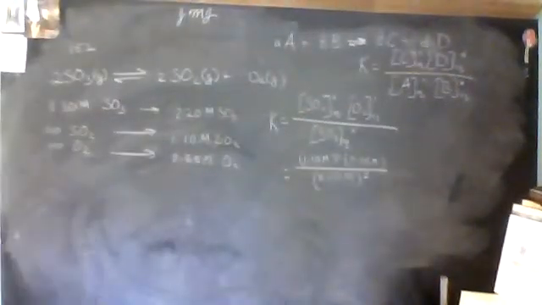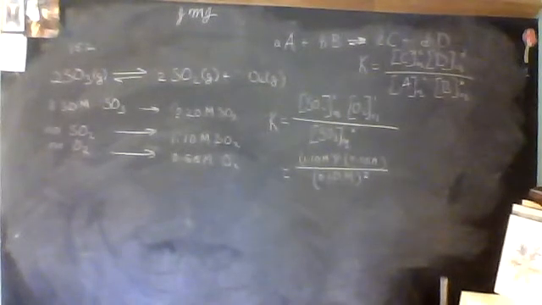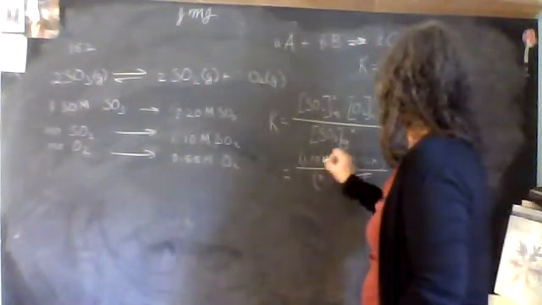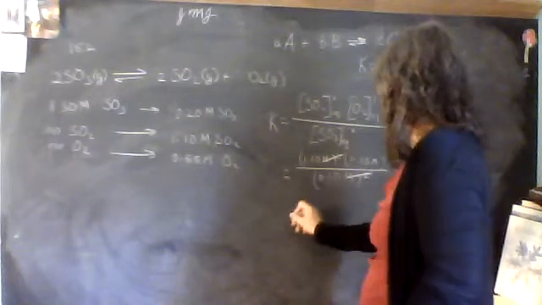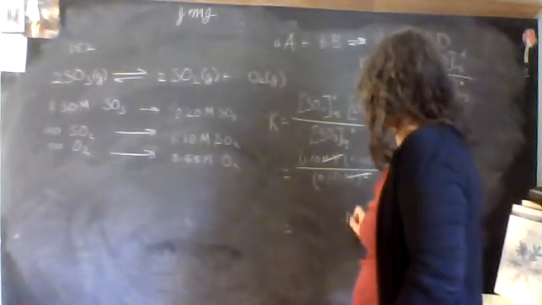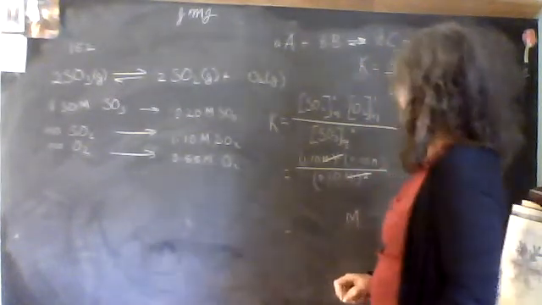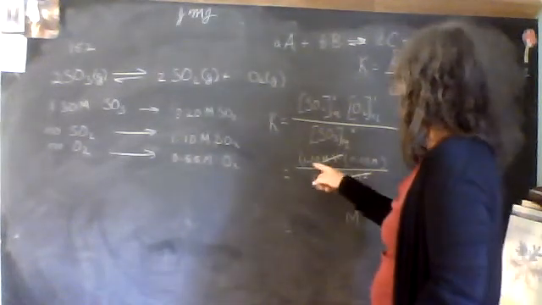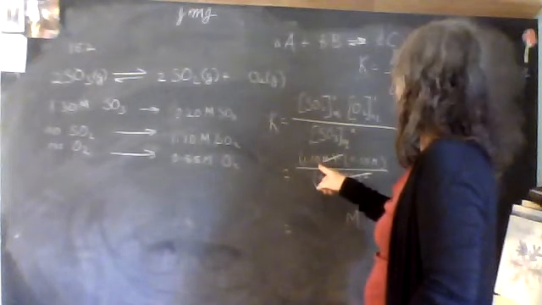Just confirm that I have the right numbers. 0.2 molarity. Yes. Okay. In parentheses, 1.1 times 0.55 squared. No, 1.10 is squared.